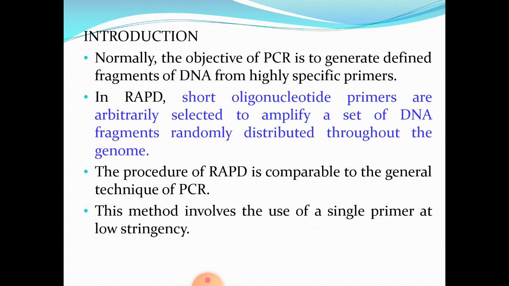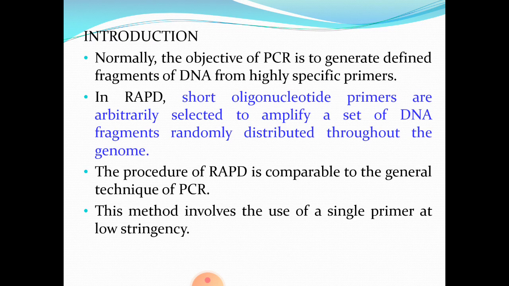See, in RAPD, short oligonucleotide primers are arbitrarily selected to amplify a set of DNA fragments randomly distributed throughout the genome. Right now, you just remember this. When I explain the technique with the schematic representation, you will understand it better.